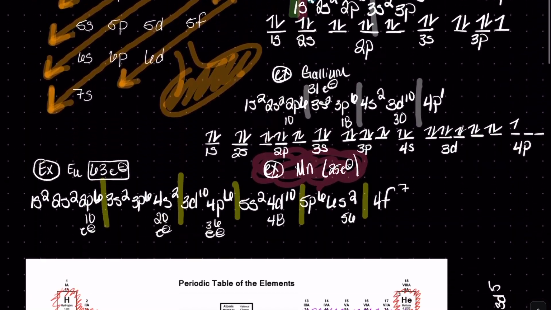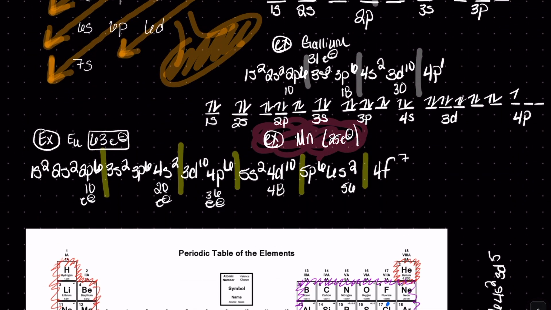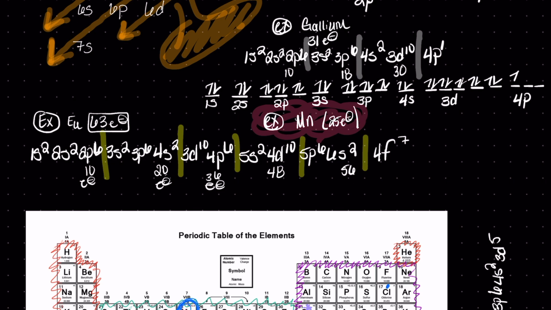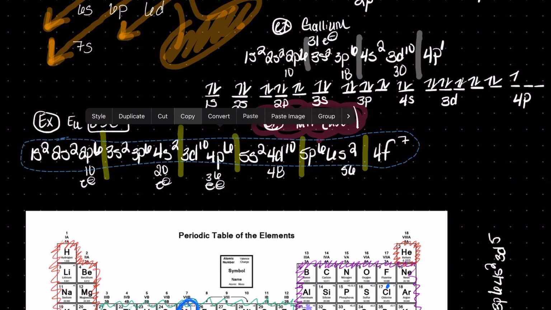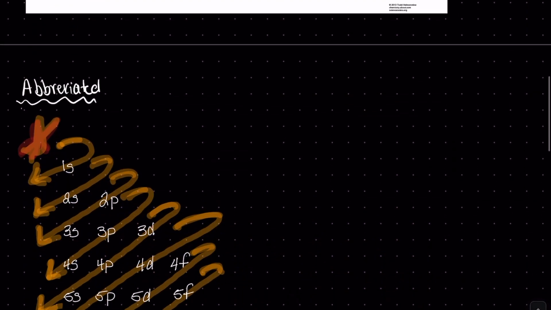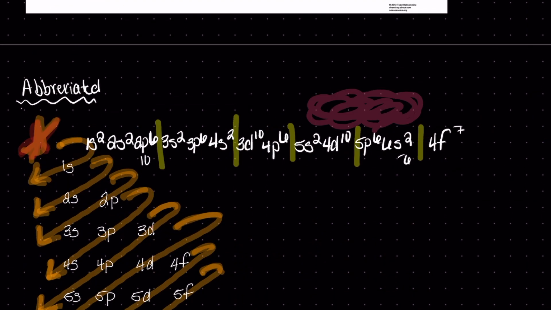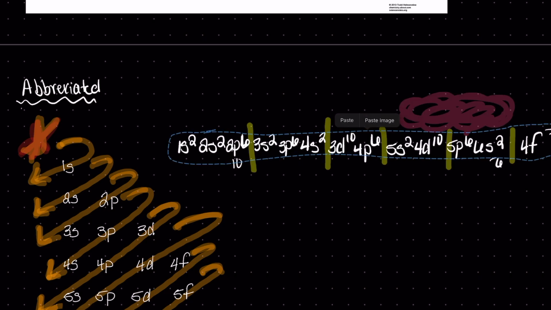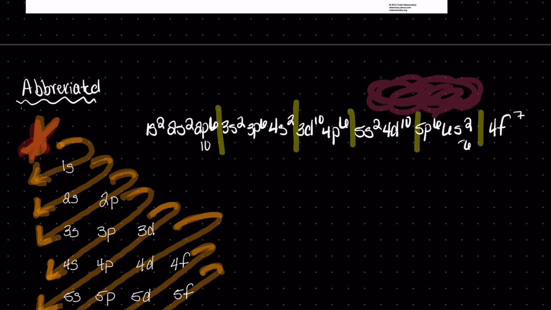Now, if I wanted to abbreviate, let's say I don't have the space on my paper or the time in my test, and it's allowed because you can only use the abbreviated electron configurations with Mr. Cole if the instructions tell you to. So don't get too comfortable using these and relying on them, but you can help yourself out where possible.